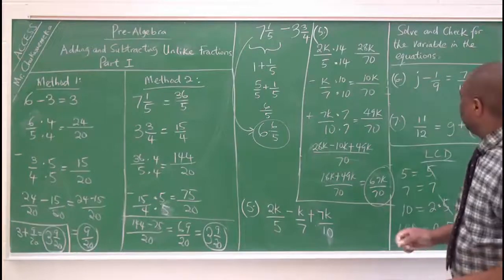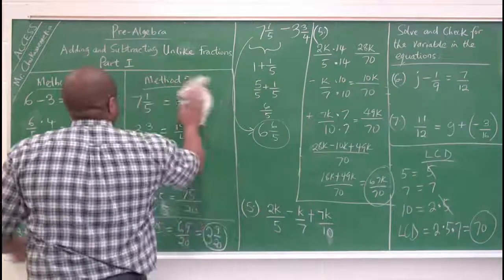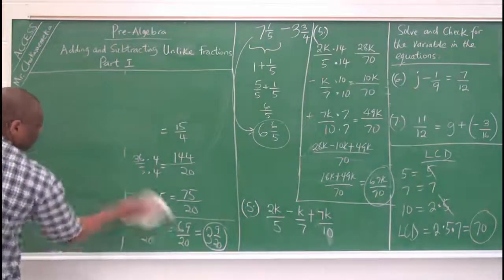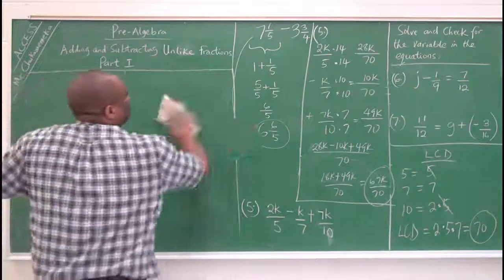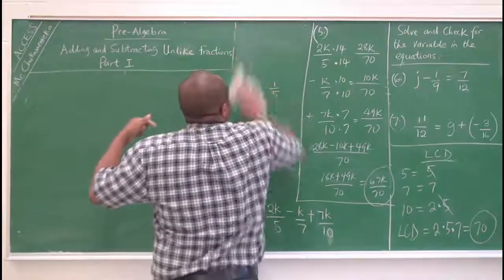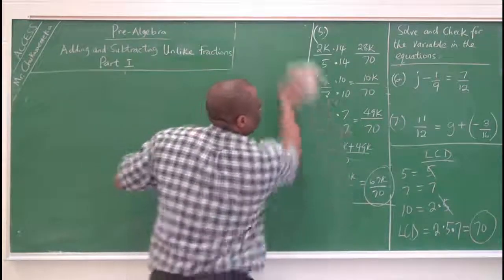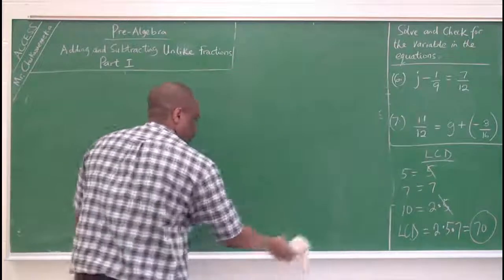Okay. Question 6 and 7. We will still do it like we did for like fractions. We will solve and we check. So let's solve it and then we check our work.